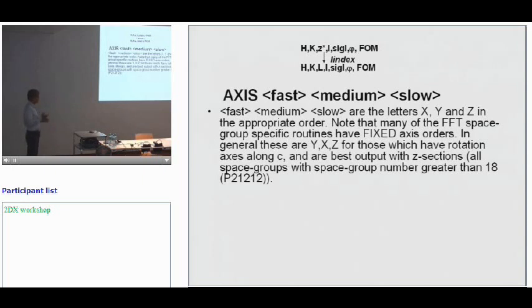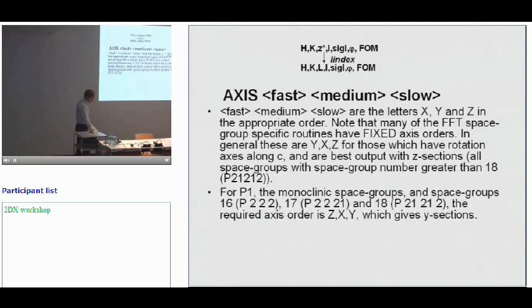But in X-ray crystallography, crystals grow in 3 dimensions, so there are different conventions here, dependent on the space group. In general, the fast, medium, and slow axis is in the order Y, X, Z. This is true for all three-dimensional space groups with number greater than 18.